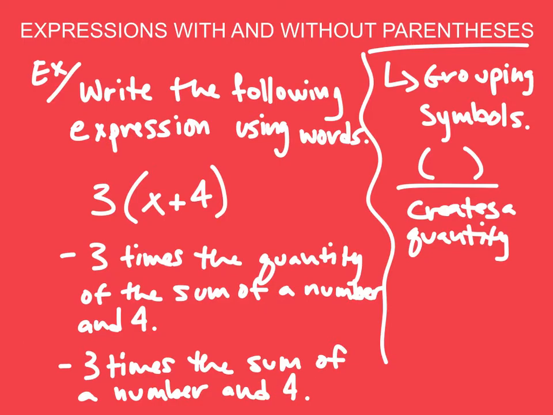Because it says 3 times the sum, we would have to add the number and 4 first before we multiply by 3. So there's a little bit of nuance with these phrases and how I write them and what that means when we write it out mathematically.